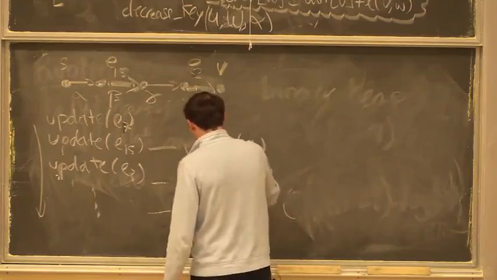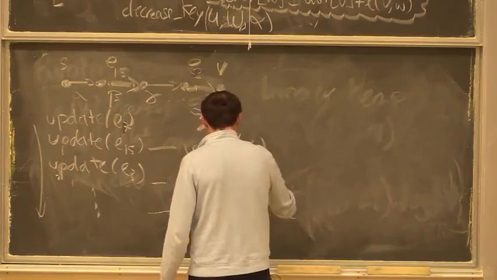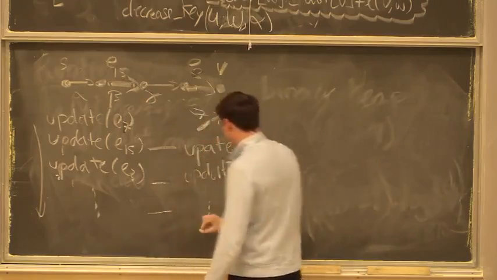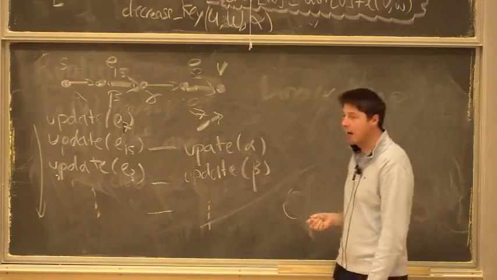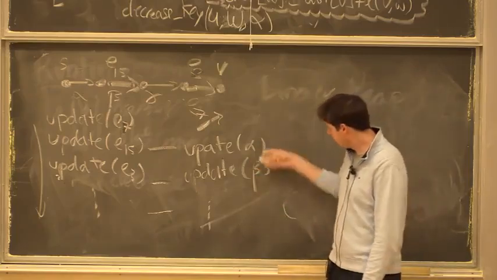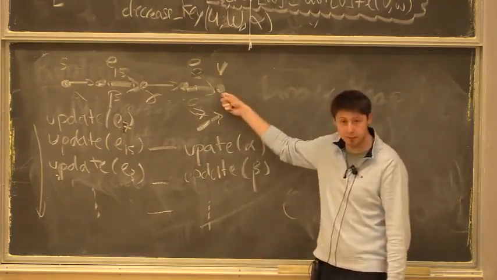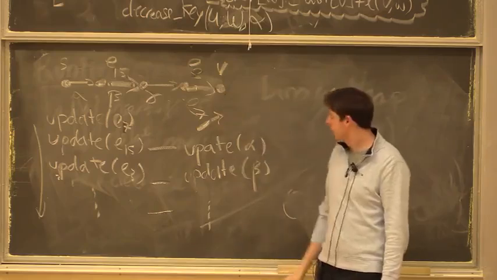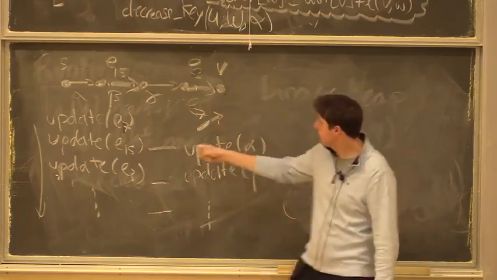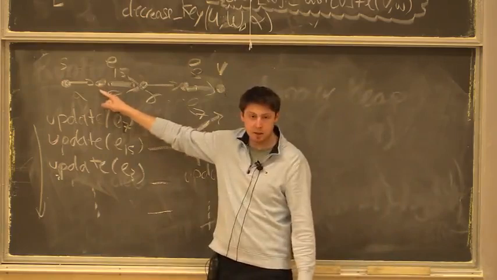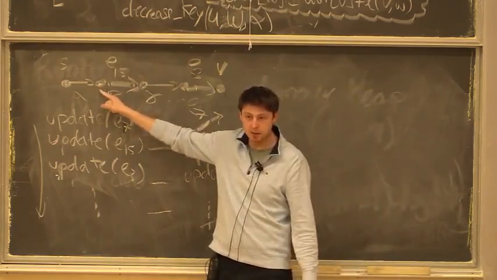Then update beta, and so on and so forth. I claim that by the time you go through all of these updates, you will have the correct answer on V. Why? Because update alpha will make sure that this guy has the correct answer. Okay?